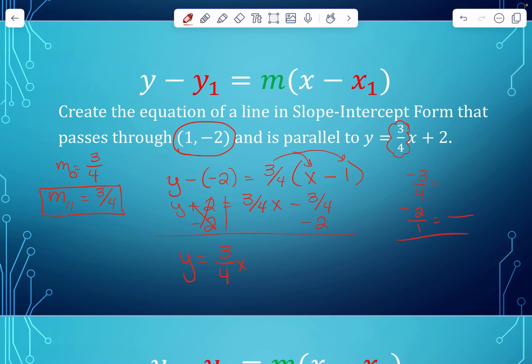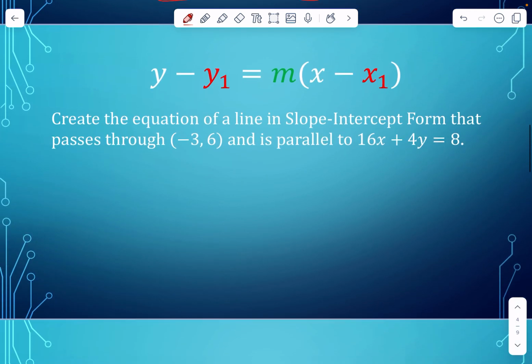Remember, we have to find a common denominator. And so that's going to give me a -8/4 and a -3/4, which is going to give me a -11/4. Okay? And that would be the equation of the line that is parallel to the original line that passes through that point.